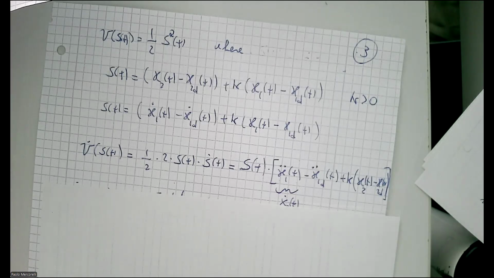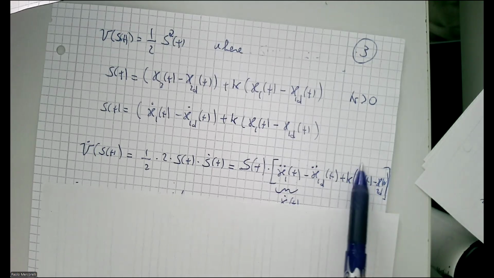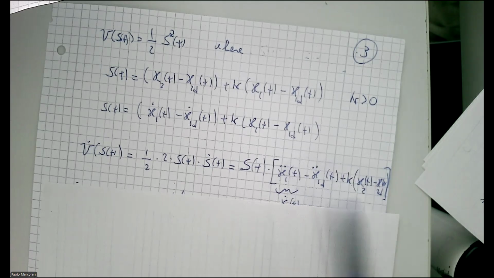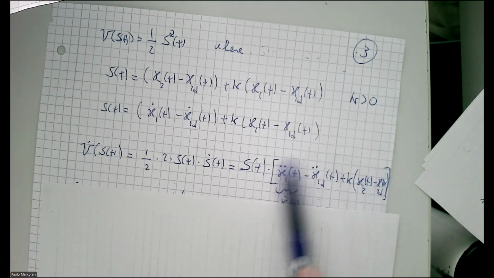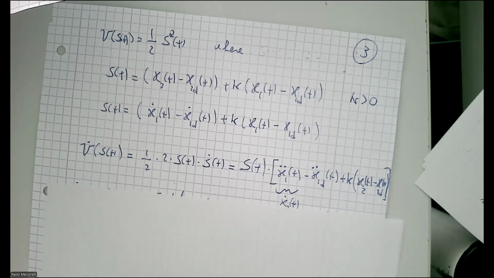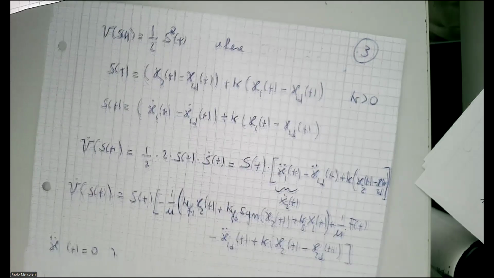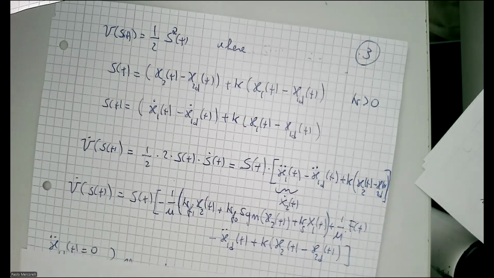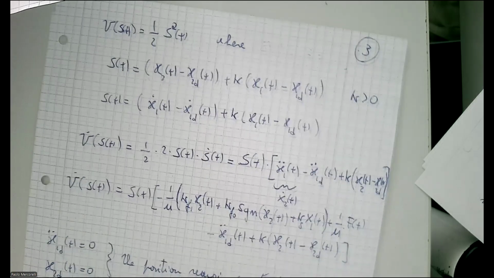Because with one derivative, I will obtain f of t inside s dot of t. And having it inside s dot means I can impose the invariance of this sliding surface. S dot equals zero means s of t is invariant: basically, I remain on s of t equals zero.